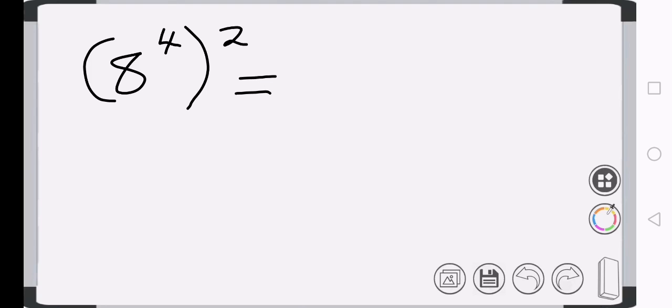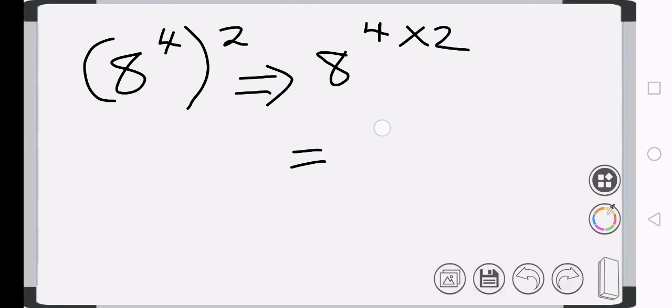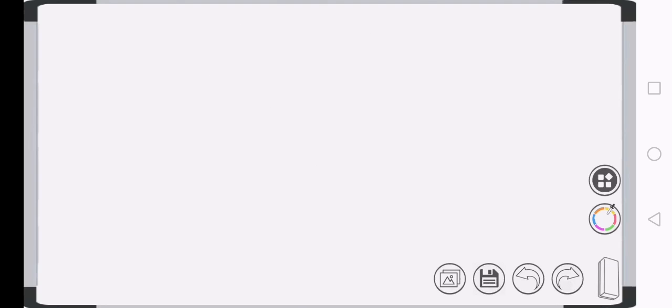So it will be 8 to the power 4 times 2, which will be equal to 8 to the power 8. As simple as that. Nothing complicated, nothing hard. And we're done just like that.